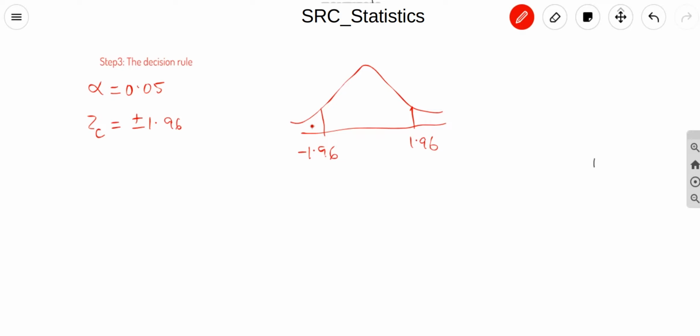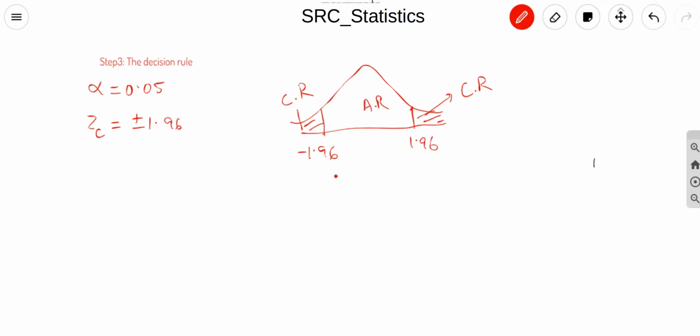That means Z less than negative 1.96 and Z greater than 1.96, these two sides are the critical region and the middle part is the acceptance region.